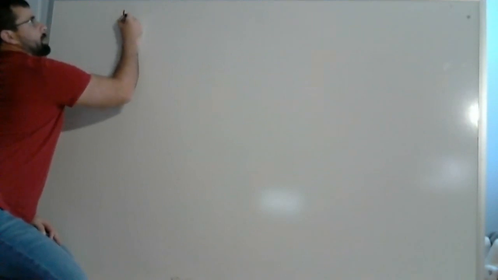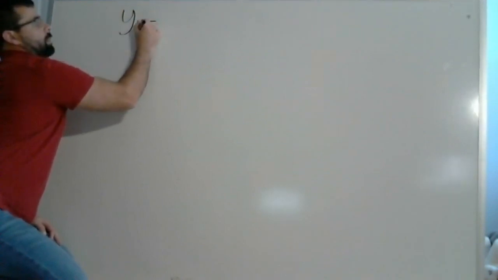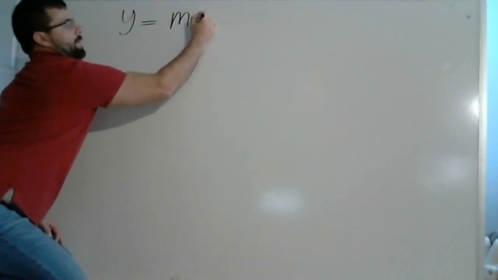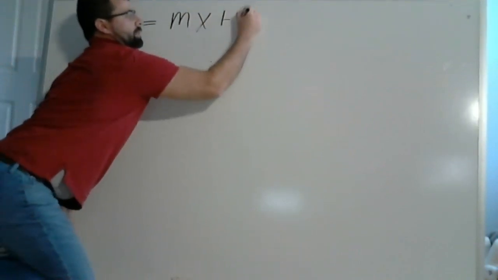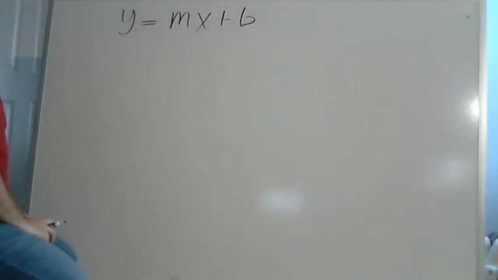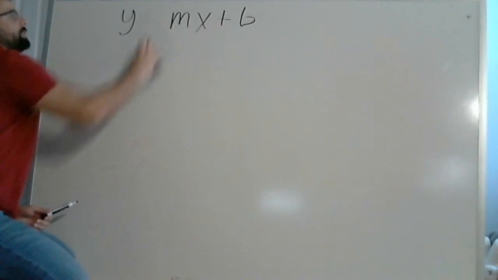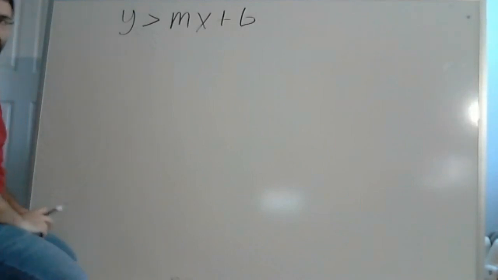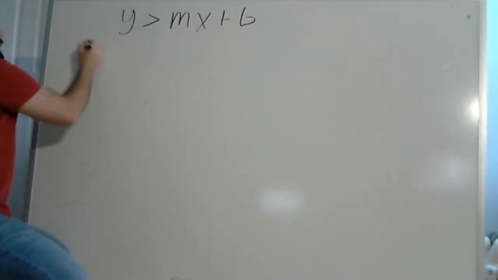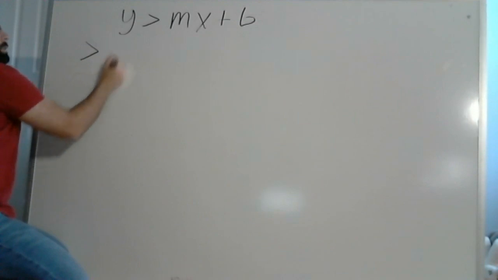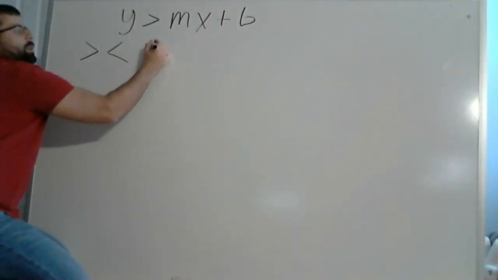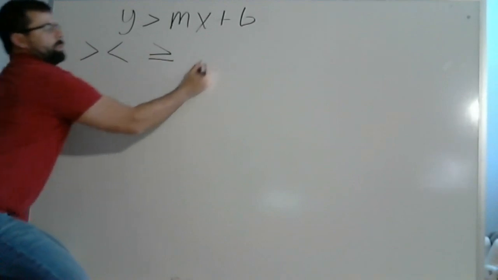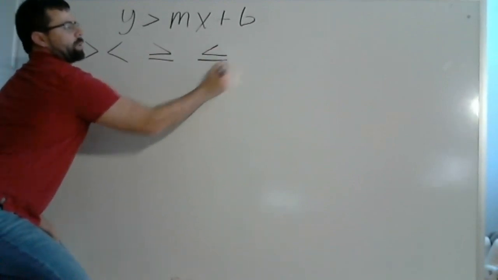So if the equation of a line is y equals mx plus b, all we have to do to make this an inequality is change the equal sign to one of these little symbols. So remember, we had greater than, less than, greater than or equal to, and less than or equal to.